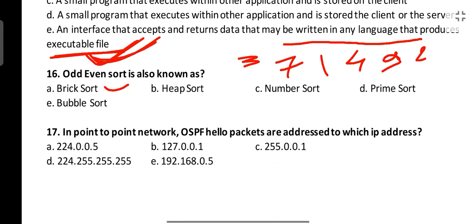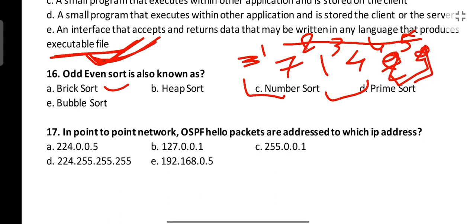Let's say positions 1, 2, 3, 4, 5. First it will sort with the odd pass. So 3, 7 will be sorted, then 1, 4 will be sorted, and 9, 2 will be sorted. 3, 7 is already sorted, 1, 4 is already sorted, 9, 2 will replace their places. It will become 2, 9.